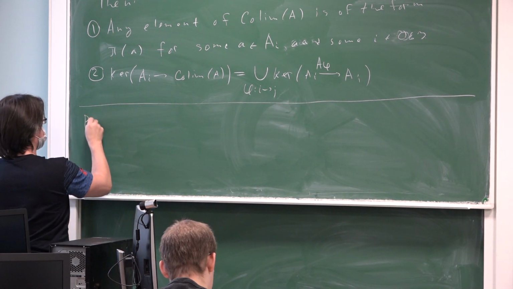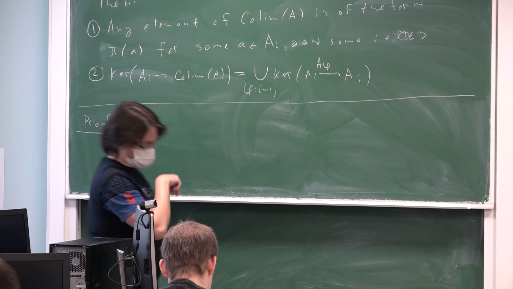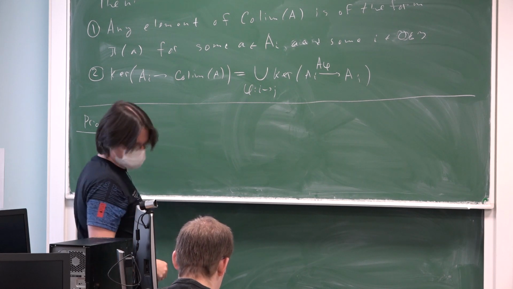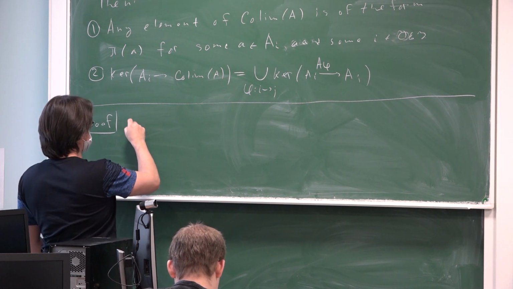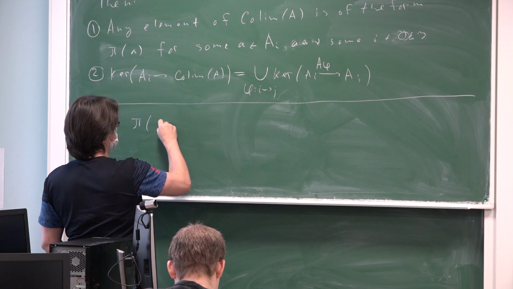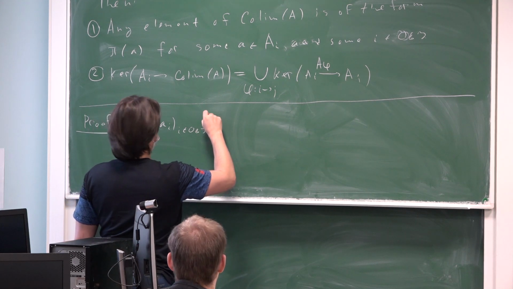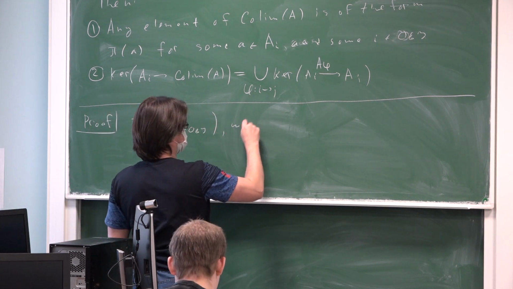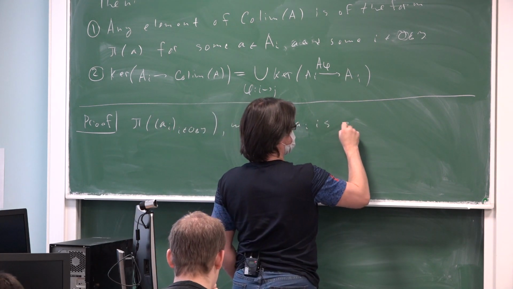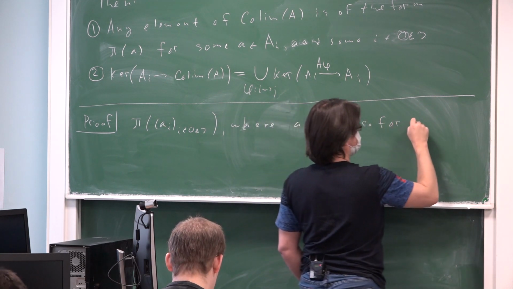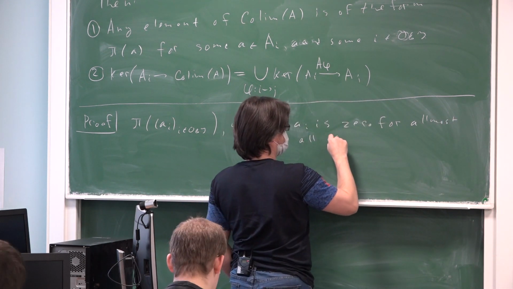The first part is quite easy. Let we have some element in the colimit, then it is of the form pi of a, where a_i is 0 for almost all i.